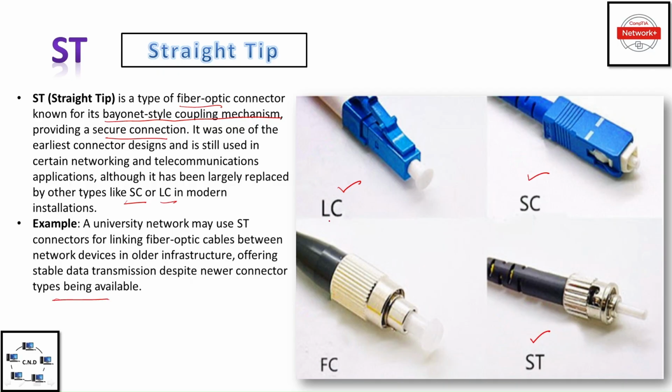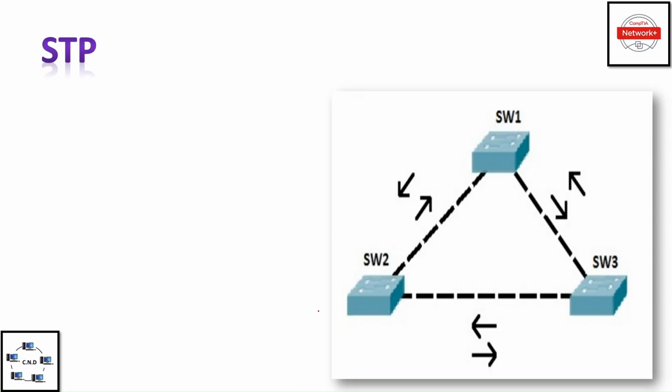So remember, LC and SC are the newer connector types that are actively used nowadays, while ST was basically used initially when connecting devices through fiber optic connections. These are rarely used nowadays.